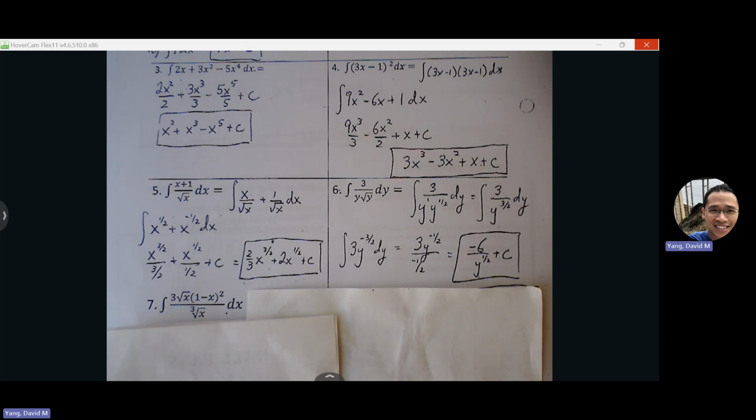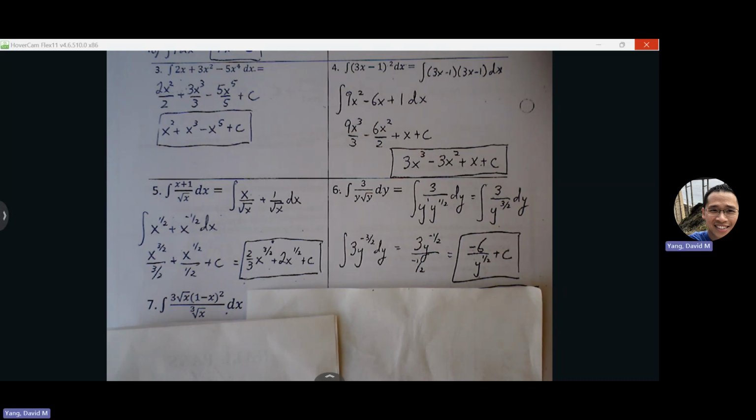What I see a lot of students do is they bring that x to the negative 1/3 up, but they forget to distribute through the rest of the numerator. And so that just messes things up for some students. But I'm just going to split up into individual fractions like how I did with number 5. So I'm forcing every term to deal with that denominator. And now I'm also basically able to split up into 3 smaller problems. And then once I have them all individualized, clean them each up, and then apply power rule for each of them.